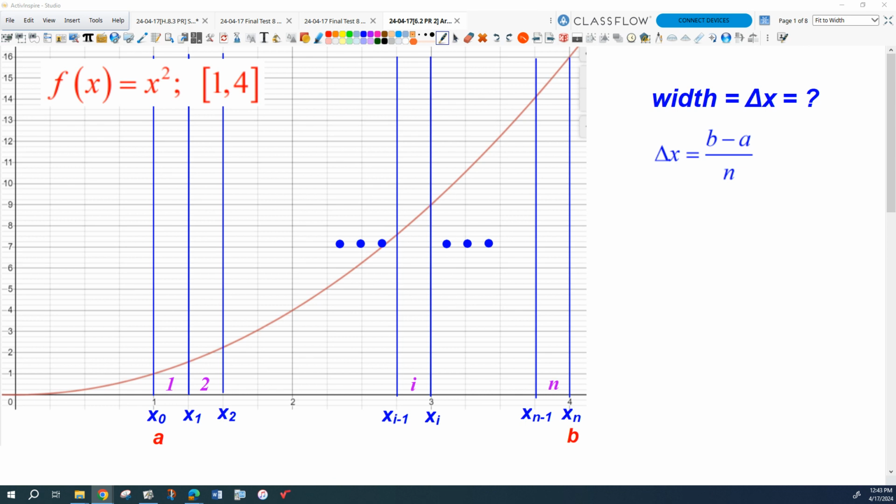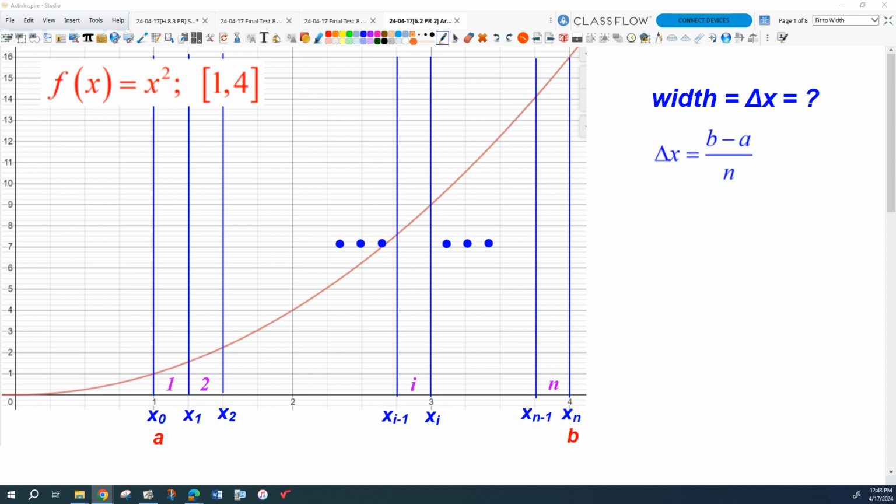The width is always just going to be the width of the area that we're slicing up divided by the number of slices, right? A is the x value of the left edge of our area. B is the x value of the right edge. So B minus A is the total width divided by the number of slices, n, right?